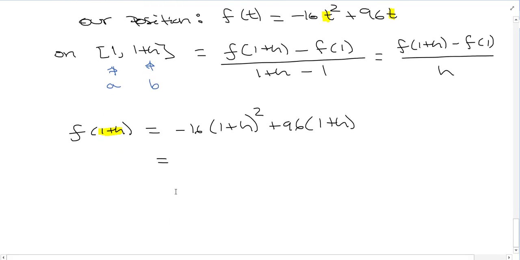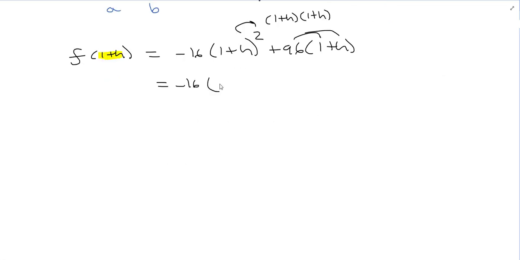So f of 1 plus h is negative 16 times (1 plus h) squared. Multiply this out: (1 plus h) squared means (1 plus h) times (1 plus h). Make sure you FOIL this properly. Don't make the mistake of saying 1 squared plus h squared. Don't forget about the middle term: 1 plus 2h plus h squared.